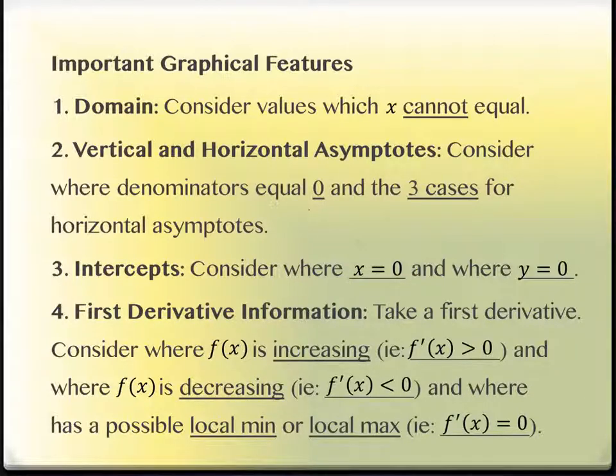All right, so on step number 4, it says the first derivative information. So it says to take a look at where the first derivative is positive, which means the graph is increasing, or where it is negative, in which case the graph is decreasing. So if we find the first derivative, and we set it equal to 0 and solve, right, that gives us critical points.